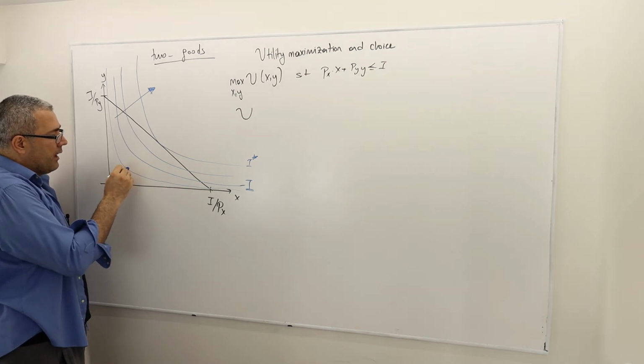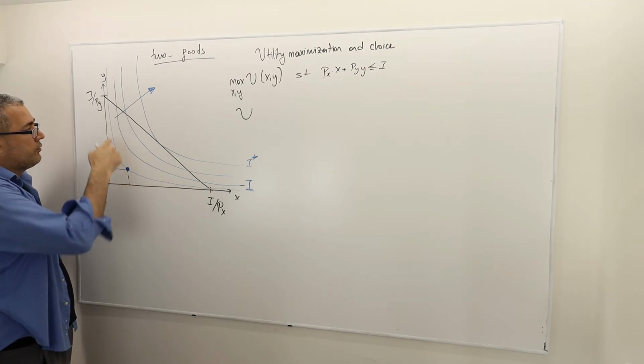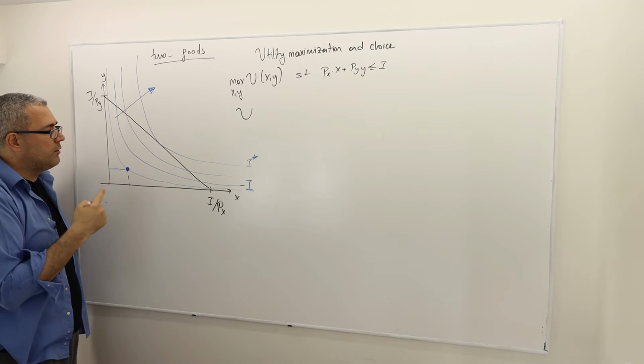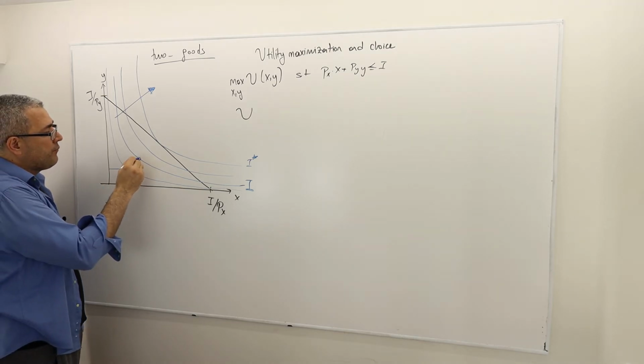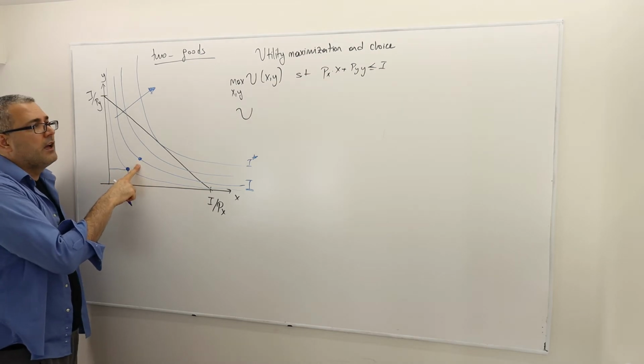If you buy this bundle, that will clearly give you higher utility because this indifference curve represents a positive utility level. But this point gives me even higher utility and it's still affordable.